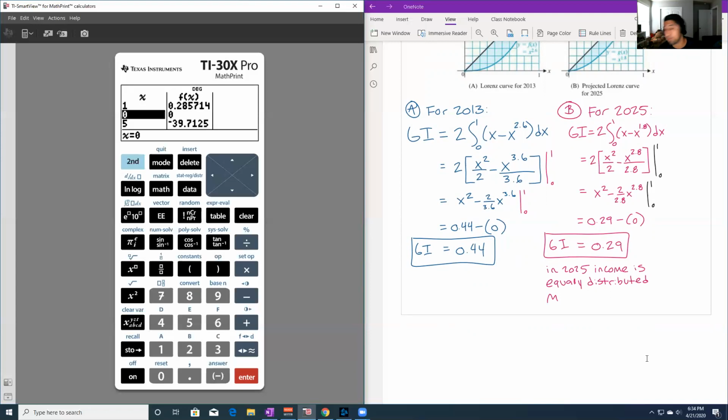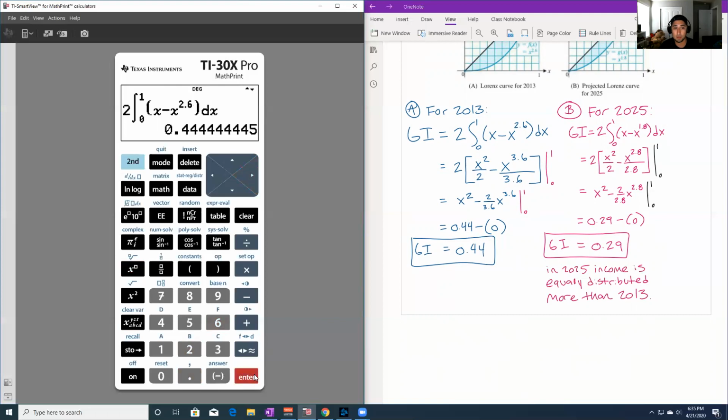Boom. There you go. Oh yeah, I didn't check our work on the actual calculator. So one moment, if you want to watch. For 2013, I would type this in as 2, second integral, 0 to 1 of x minus x to the 2.6.